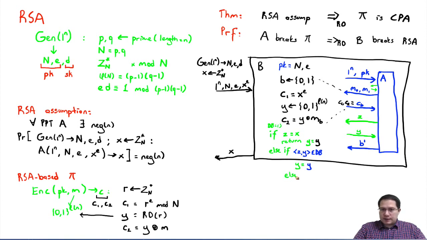Otherwise, so if we still don't have anything related to the z, so it's the first time we are seeing z, then we pick a y randomly from the correct range, which is 0,1 to the ln, the length of the messages.